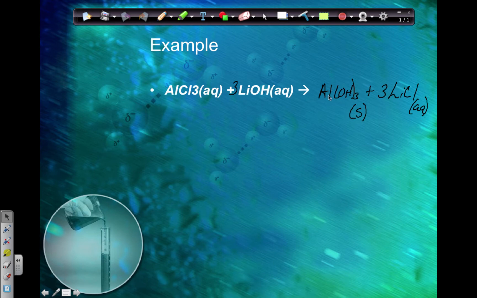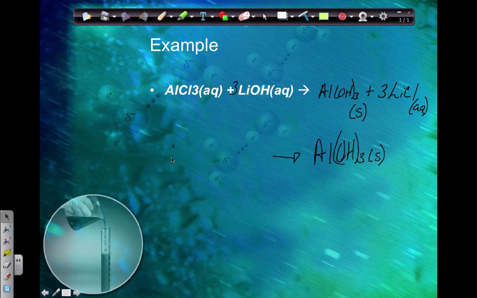So the shortcut method would be to say, okay, this is my product right here. And of course, you have to do this with a balanced equation. Okay, so that's the product I'm going to make. That's my net ionic product. So what I can do is say, well, what does it take to make this product?